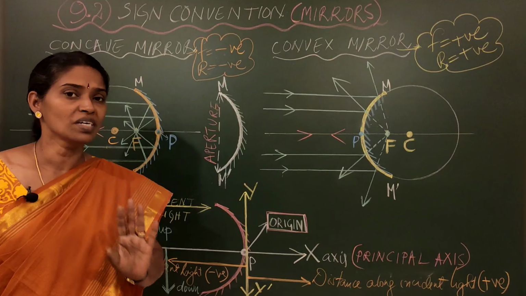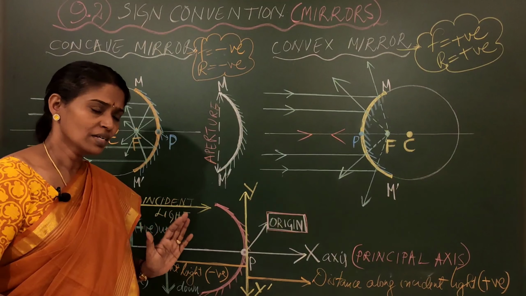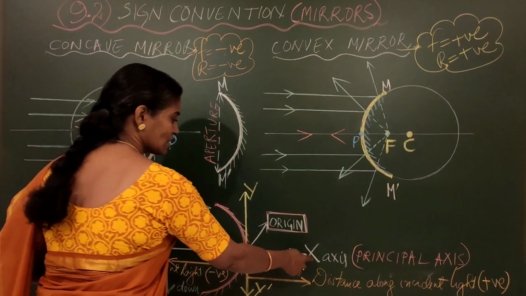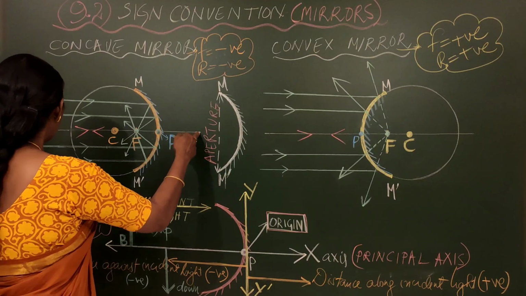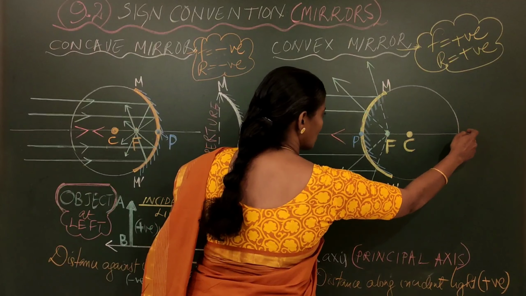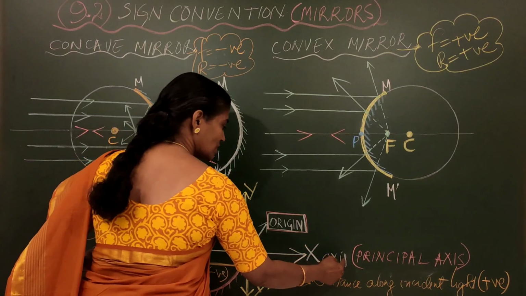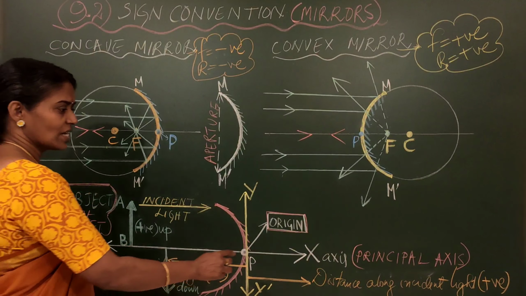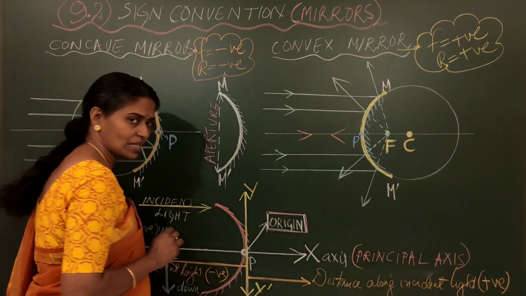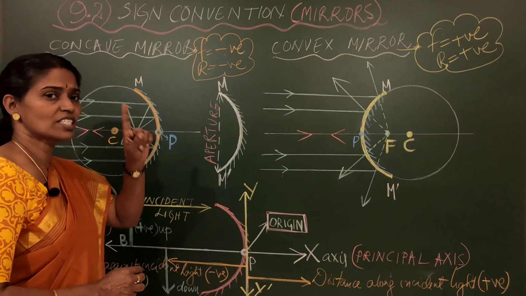The rest of the rules remain the same. But I will recap once again. First thing, take the principal axis as the x-axis. This is our principal axis here. Take the same thing as the x-axis. So this is the x dash axis. That is taken as the principal axis, and origin as the pole. So that's the first rule.